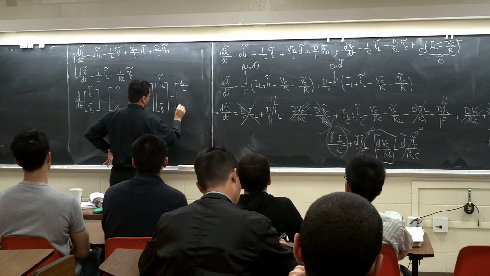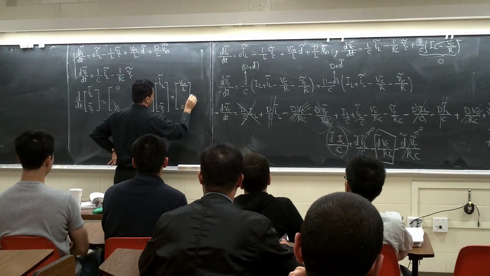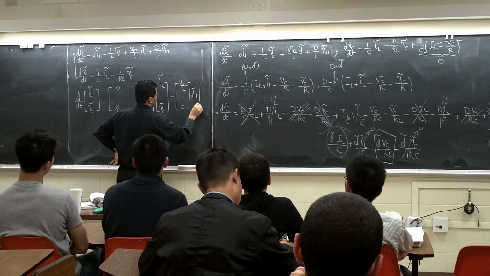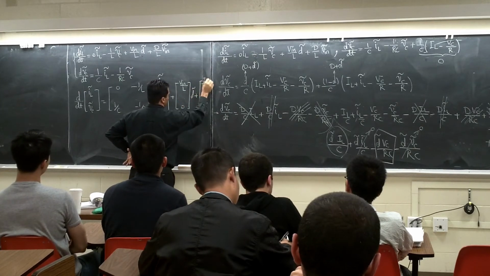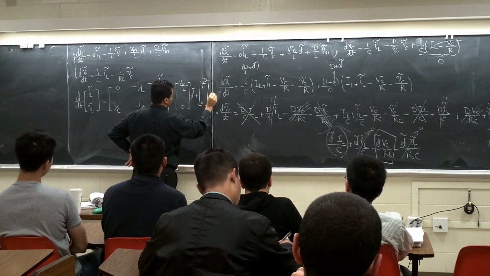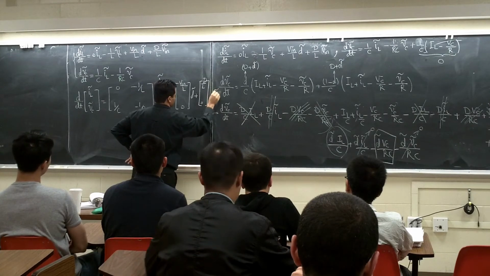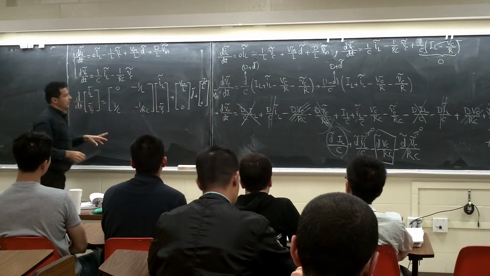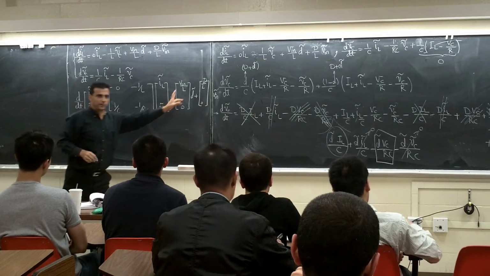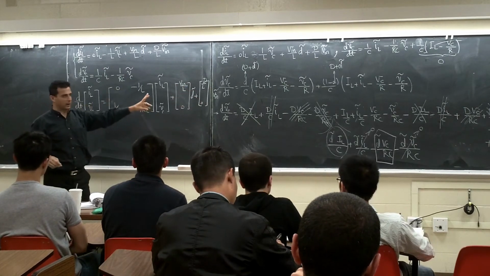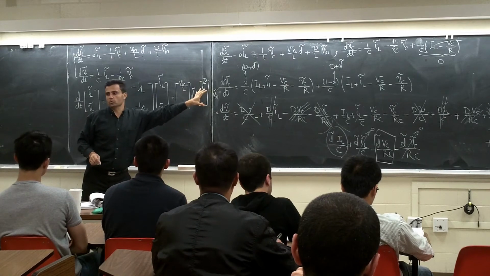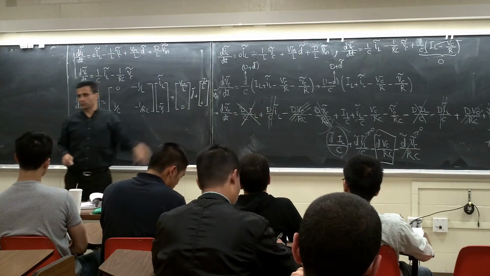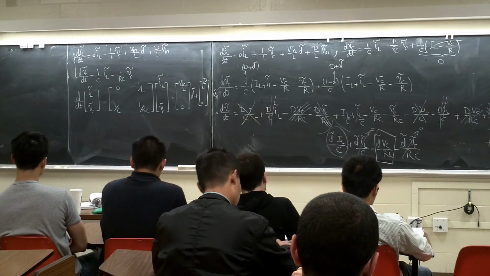I'm going to write it this way. Usually they put this one also in a matrix form. If you are going to look at this one, they put it in a 2 by 2 matrix. You can write in a 2 by 2 matrix, but I didn't want to put it that way, I just kept it here.